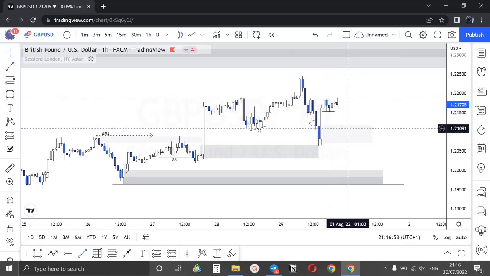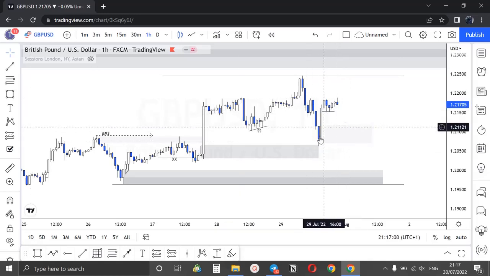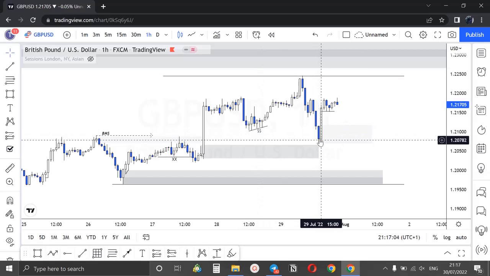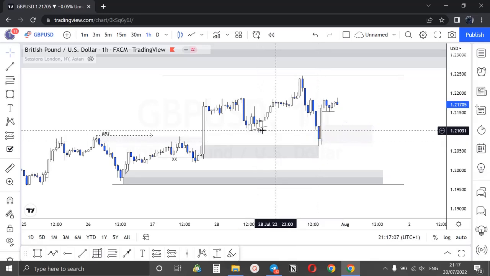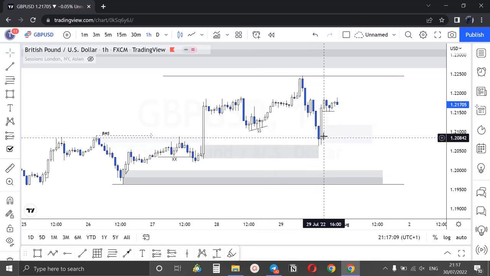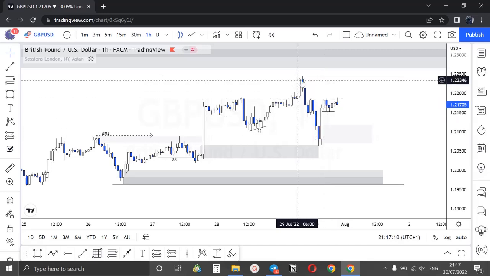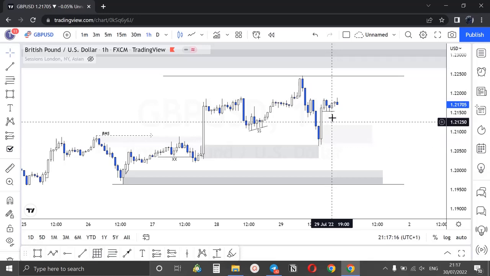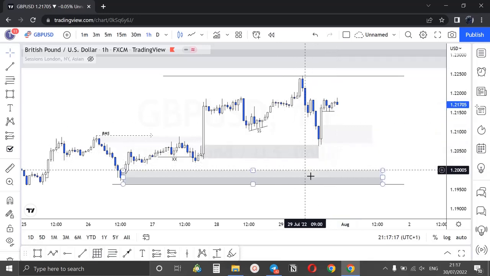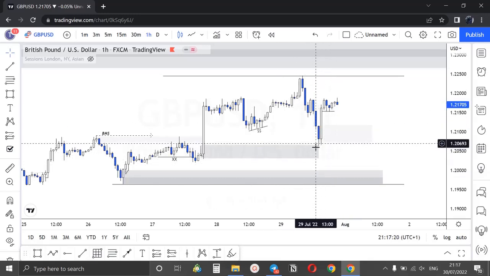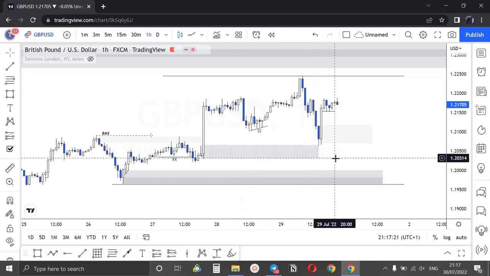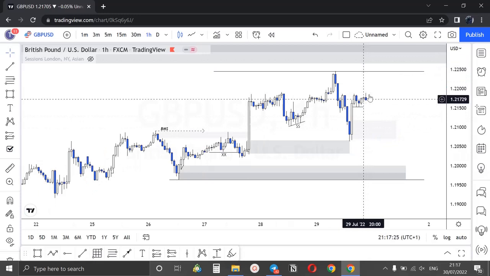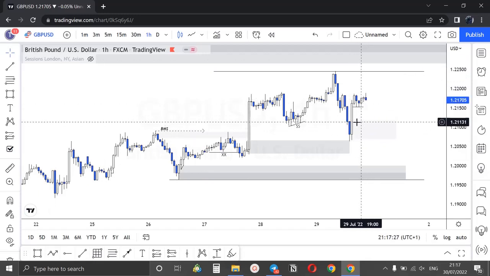It should capture this liquidity and come back and mitigate this candle that captured the liquidity and gave this strong push to the upside that led to the break of this high. That's if price fails to retrace back to mitigate this area right here, or fill up this area nicely where I really want to see it, and they break above this high. That is when I'll be looking at this trade idea.